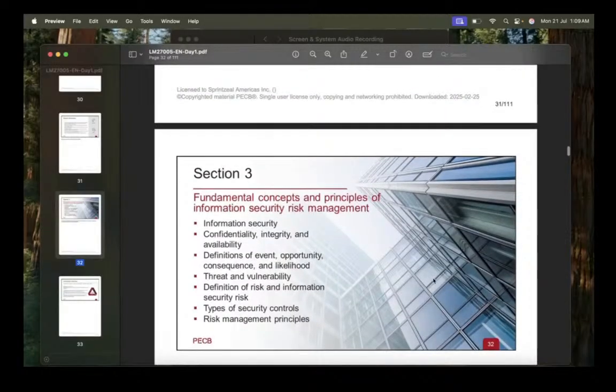Maybe before moving forward, just to make it a little interactive, we can discuss what you understand by information security, and what your current understanding is, so that we can have a more interactive session. What is your current understanding of information security?